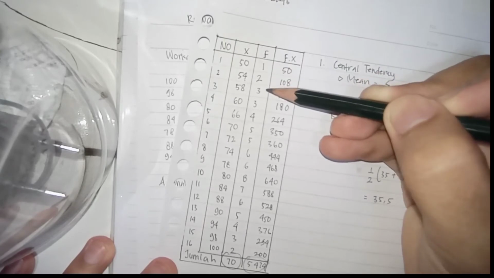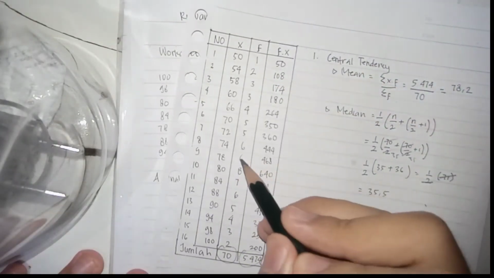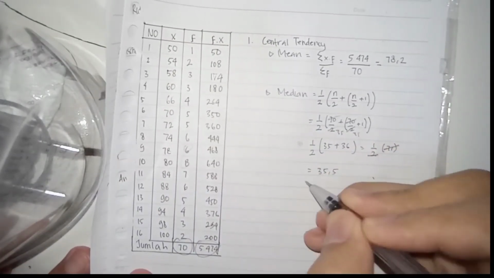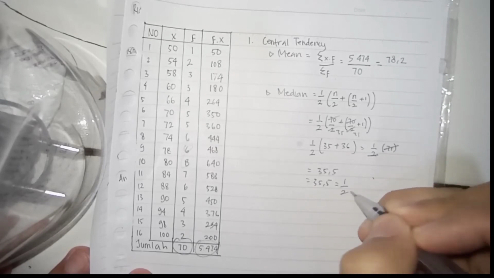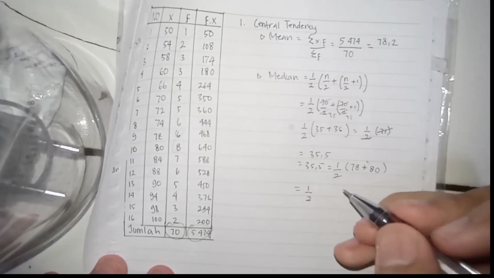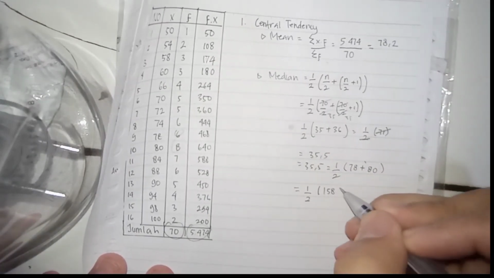Okay, next, if you have already gotten the score of the median, in this case 35.5, let's move to the table and count the frequency table until the 35.5 position, and finally we get 78 and 80, so the two data are divided by a half and the result is 79.